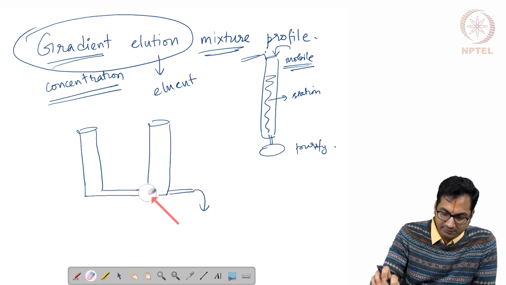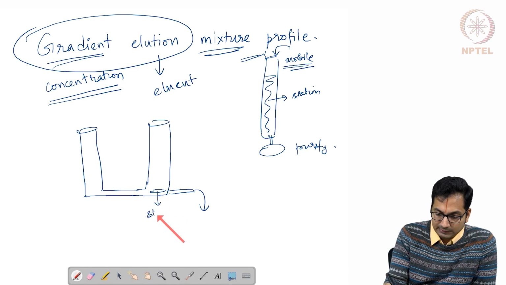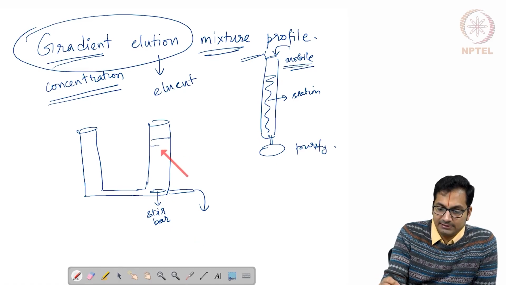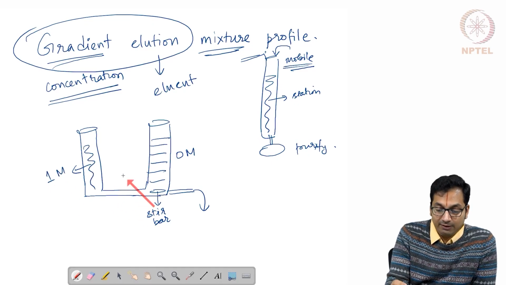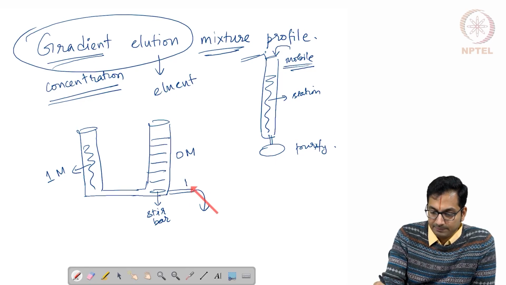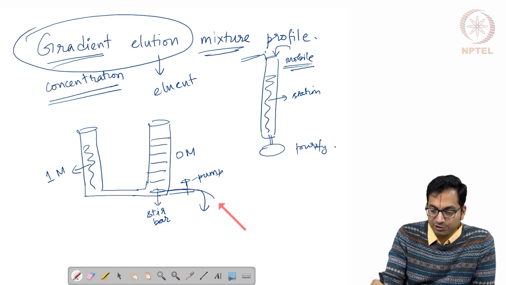Of course, this is a very simple schematic that I am trying to draw, where there will be a magnetic stir bar. Okay. And this is the solution, let's say at 0 molar concentration, and this is the solution at 1 molar concentration. And of course, there is a pump that helps move the solution from here.